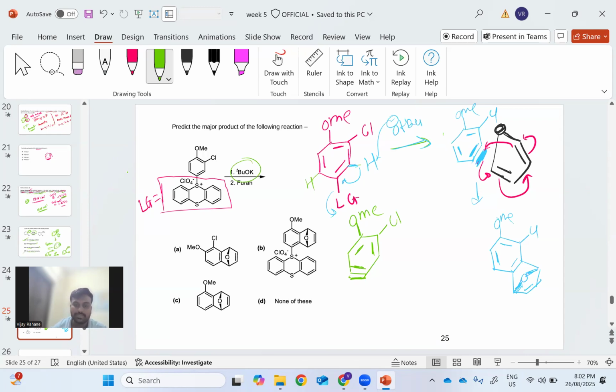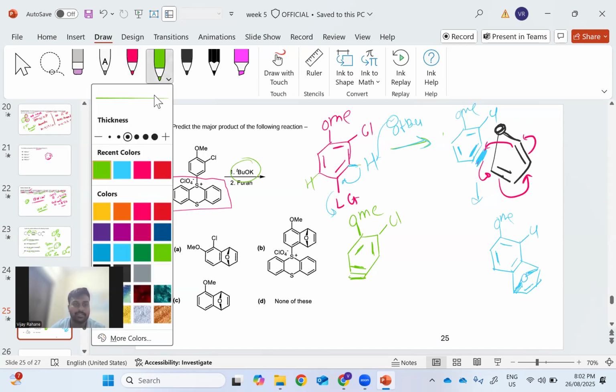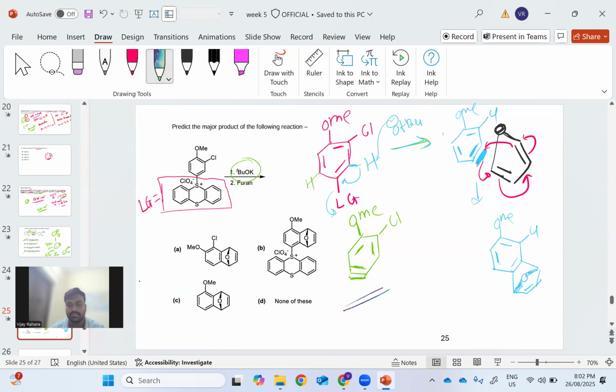So in this case, which one is the more stable among these two benzynes? So that's what the question was. That's the point where you get the two different answers. Is this benzyne intermediate stable or this one? So this is the A and this is the B benzyne intermediate, and the intermediate which is more stable, that's the product that will be formed.